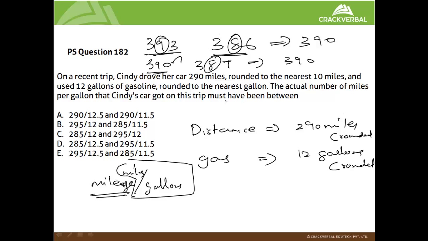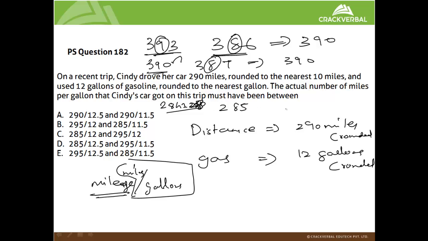So the value would have been between 285, because 285 we can round to 290. 284 would have been rounded to 280, because the units place is lesser than 5, right?